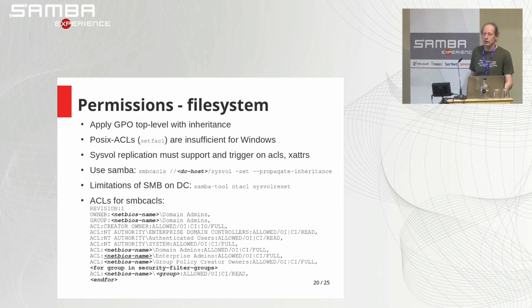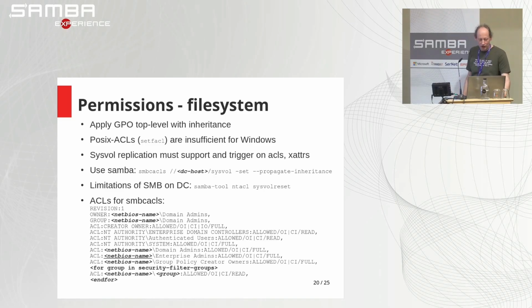And on the file share implementation of AD, there are some limitations. It's not exactly the same as the file sharing of the file server. To get the Windows ACLs exactly right, in some occasions you have to do an ntacl sysvol reset. That will fix the ACLs on the server side.